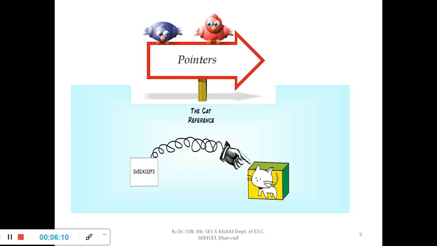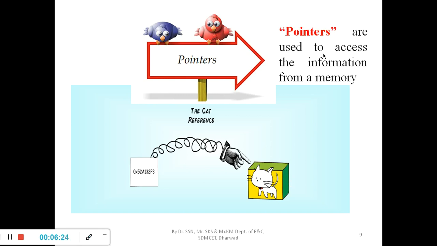In this case, Jerry is nothing but a pointer, as it was holding the address of the little Tom. Hence, pointers are used to access the information from memory. Here the information was little Tom, and the address was placed in Jerry, and hence Jerry acts as a pointer. So with this brief analogy, we will move ahead with the concept of pointers.